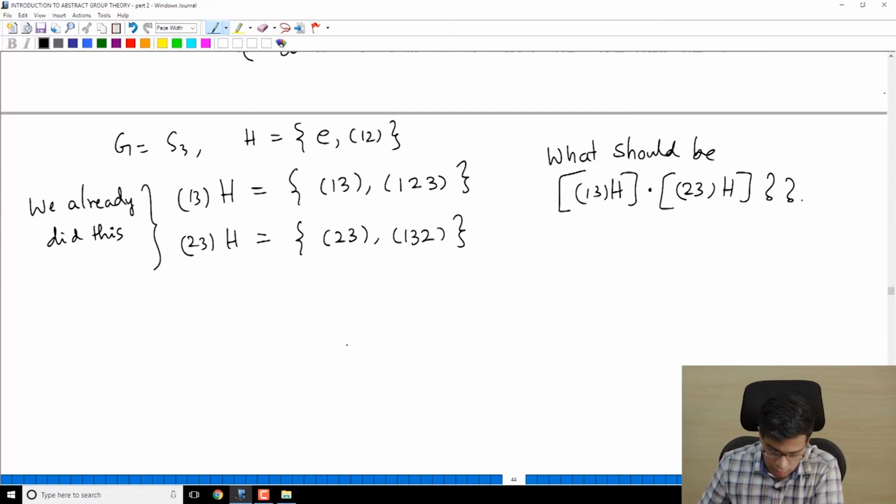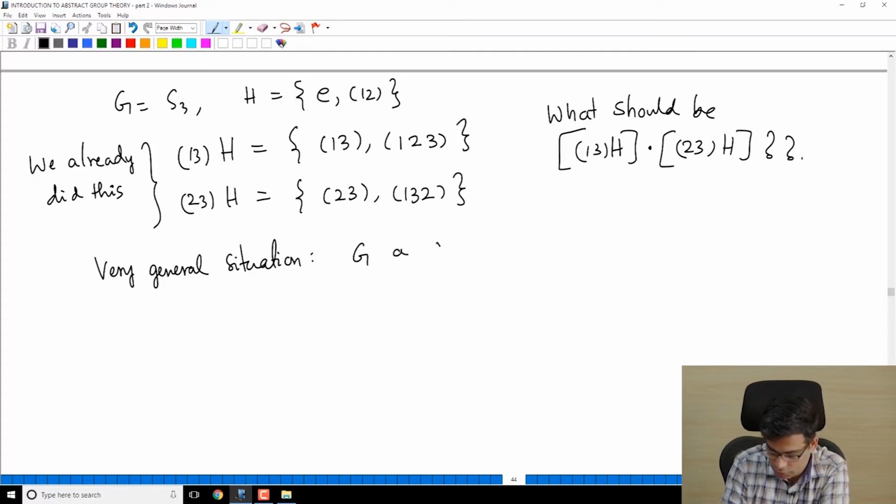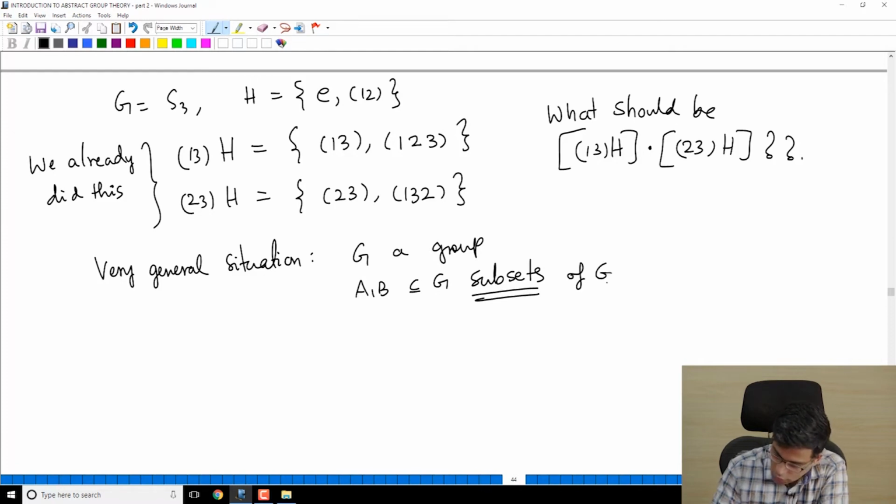So one attempt would be, now very generally, let me introduce to you a notion. G is a group. A, B are subsets of G, not necessarily subgroups.